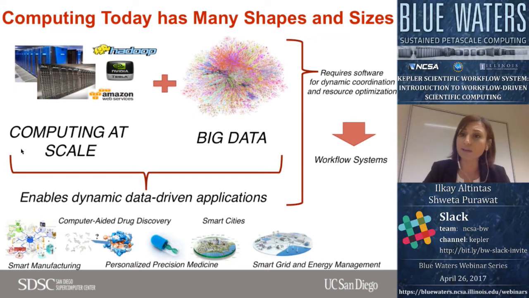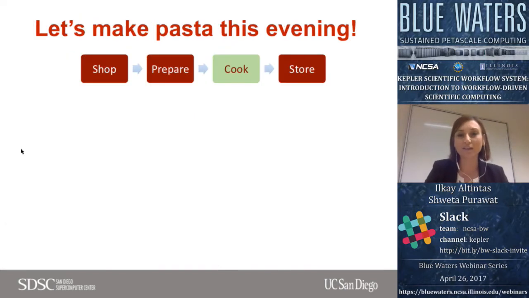In terms of providing software coordination in a dynamic fashion as much as the big data needs it or the data analytics steps needed, and also resource optimization, responding to the heterogeneous computing challenges of these applications. What do I mean by that? We actually do that in everyday science, not in computing. We did not do this in computing earlier as much.